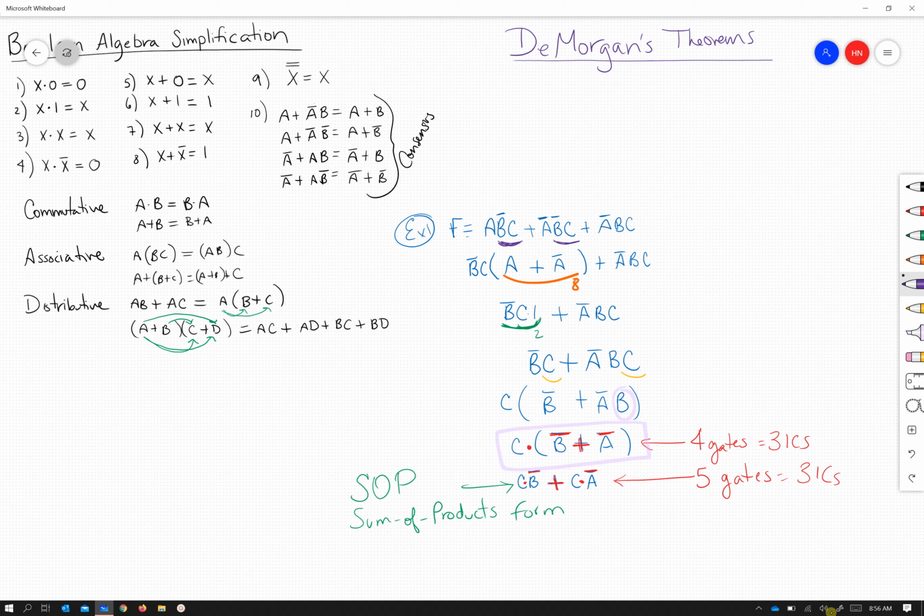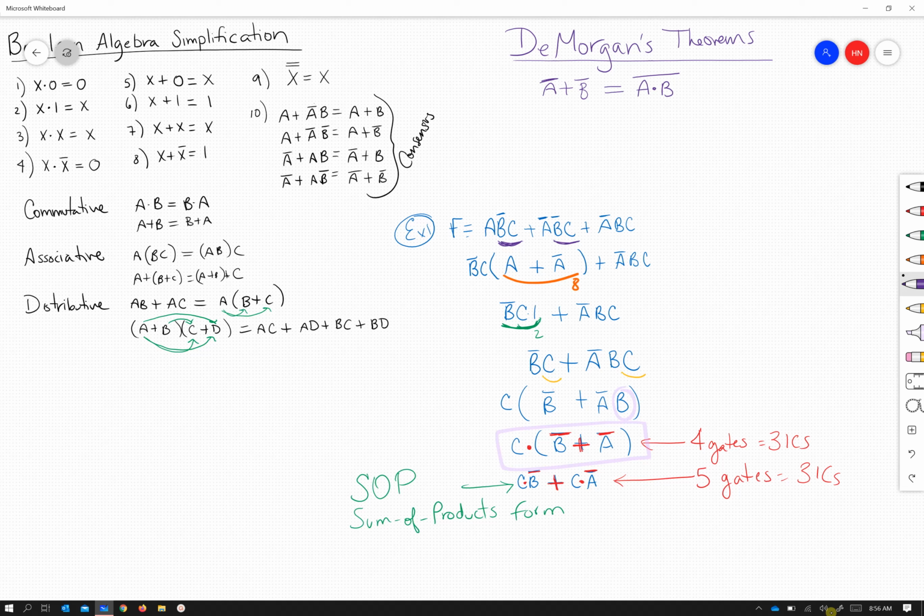What Mr. De Morgan published was that if you have A inverted ORed with another signal that's inverted, that would be the same as ANDing them first and then inverting the result.